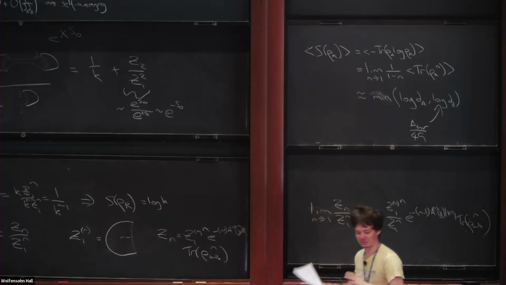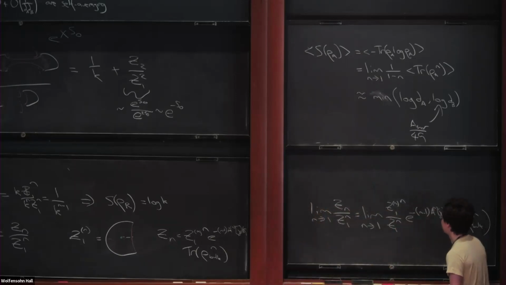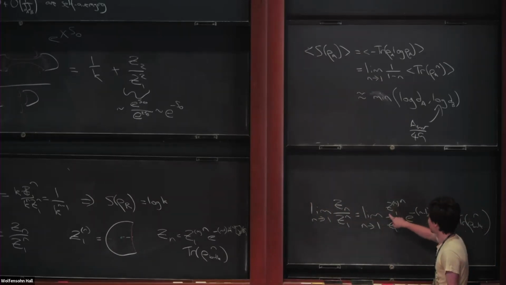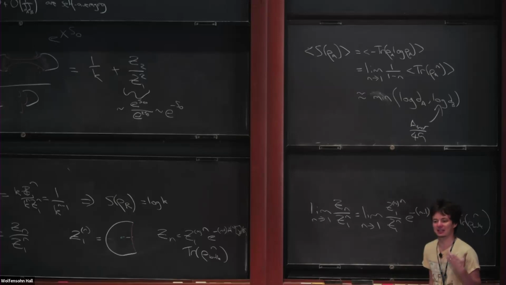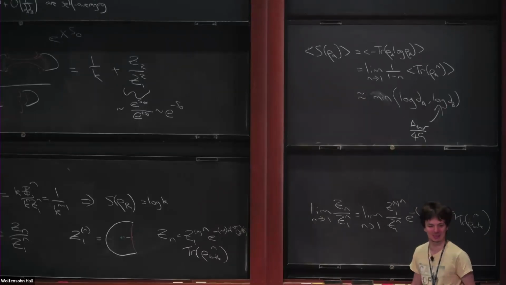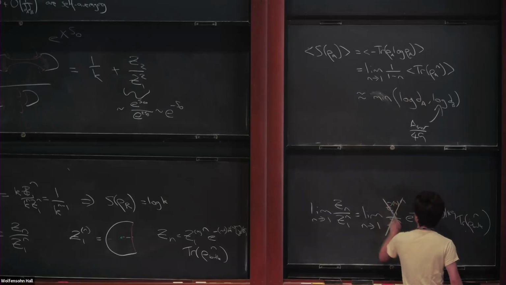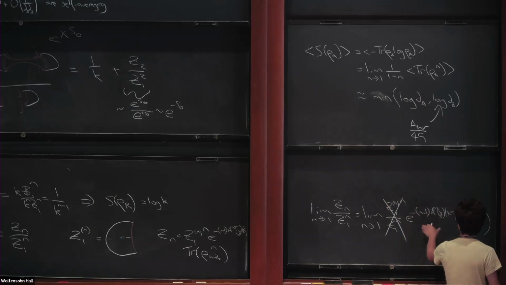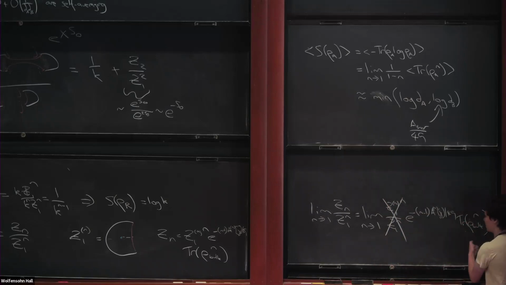This is one of my favorite arguments in all of physics, which is that at linear order in n, very close to 1, this is just changing the geometry perturbatively at linear order in n. And the whole point of a classical saddle point is that changing things at linear order shouldn't change the partition function. That's the whole point of a saddle point approximation, that the e to the minus S is invariant. So this thing, at linear order about n equals 1, just cancels out. Then we're just left with this, and taking the limit n goes to 1 is easy.